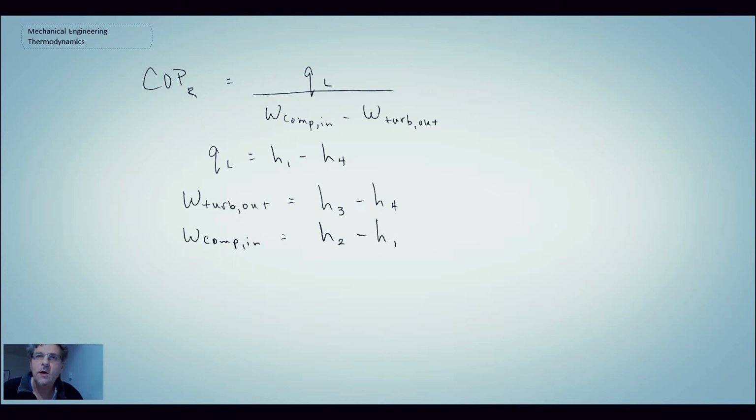Now, one common application where this gas refrigeration cycle is quite often used is inside of aircraft, and it's used for air conditioning within aircraft, either heating or cooling the air.